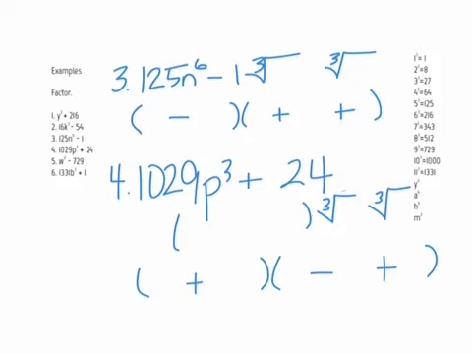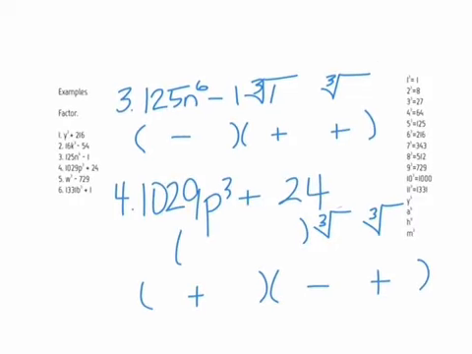I'm going to take the cube root of 125 n to the sixth, and the cube root of 125 is 5. So 5 n, and the cube root of n to the sixth, divide 3 into 6, is n to the second. And then I'm going to take the cube root of 1, which is 1. And then remember, to find what goes here, I have to square this, so that would be 5n squared.